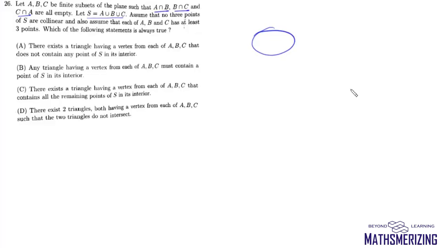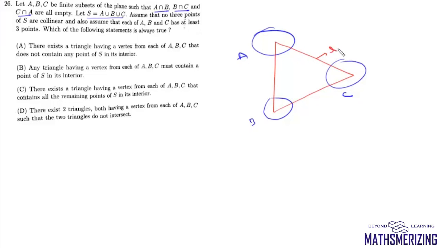Now we have 3 finite subsets, A, B and C, and each of these subsets will have at least 3 points. For option A, we'll consider a triangle with points in A, B and C, and we'll consider the triangle of least area. In any case, it will always be possible to construct a triangle having the least possible area.